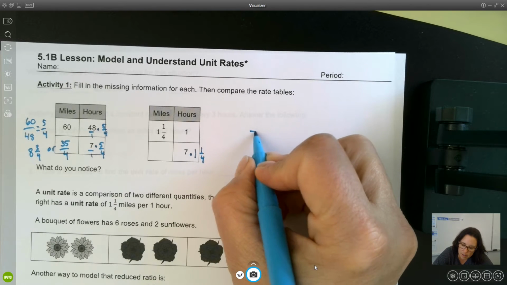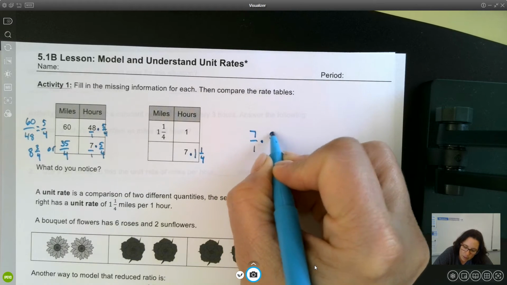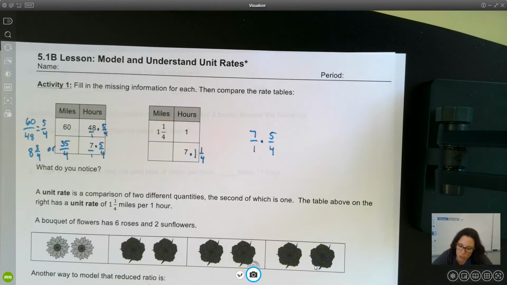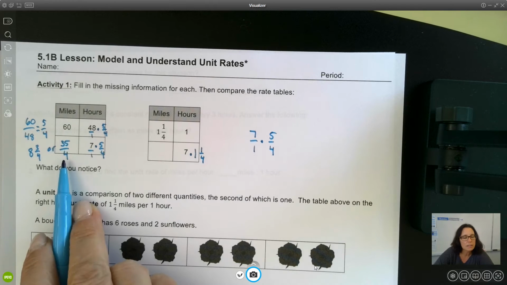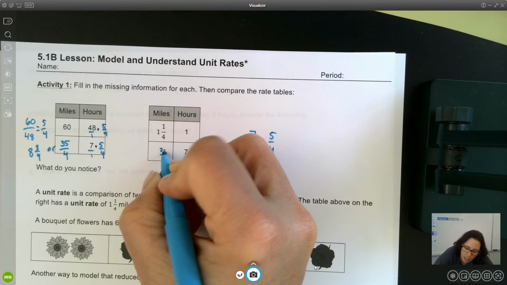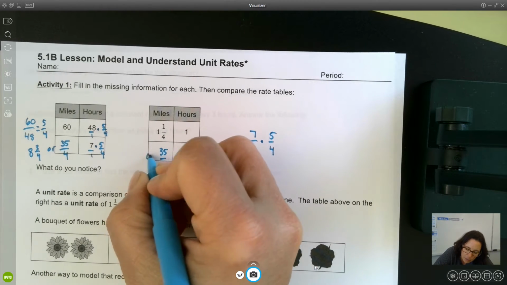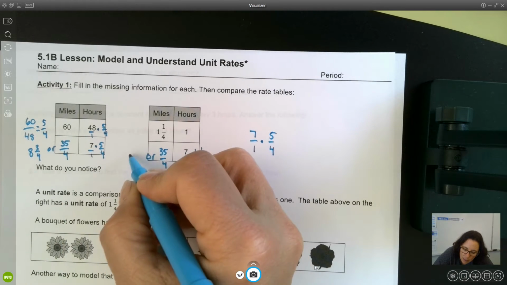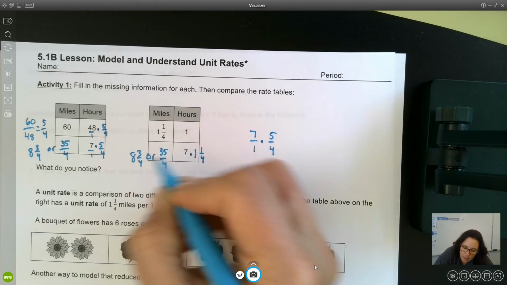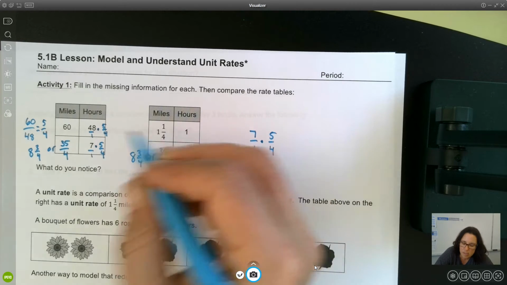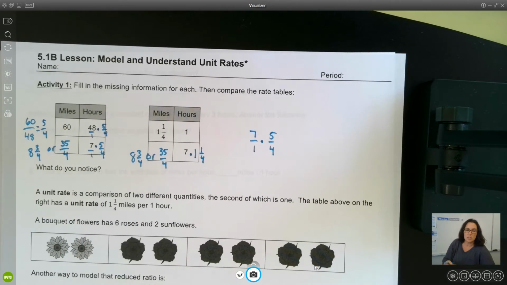So we're taking 7 over 1 times 5/4, which is 35/4. Look at that. 35/4, same numbers I'm getting on this other table. So this rate table is the same as this rate table. It could be in one table, just different rows in one table.